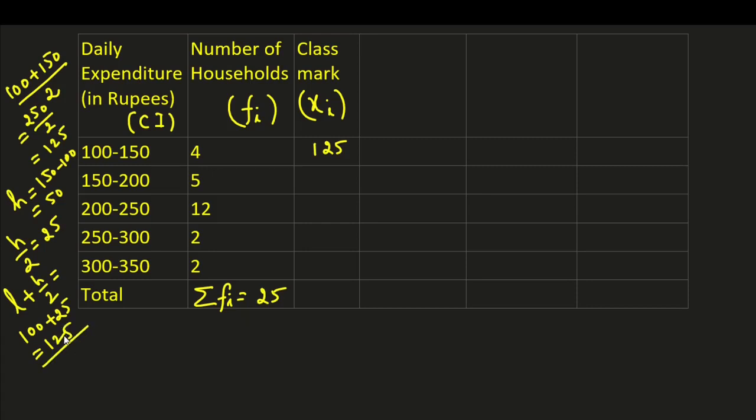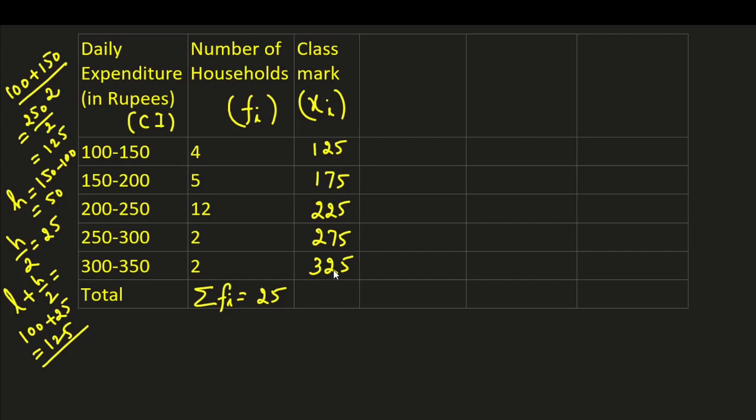In this way, we can write the class marks. So here 150 plus 25, we get 175. 200 plus 25, 225. 250 plus 25, 275. 300 plus 25, 325. These are the class marks.